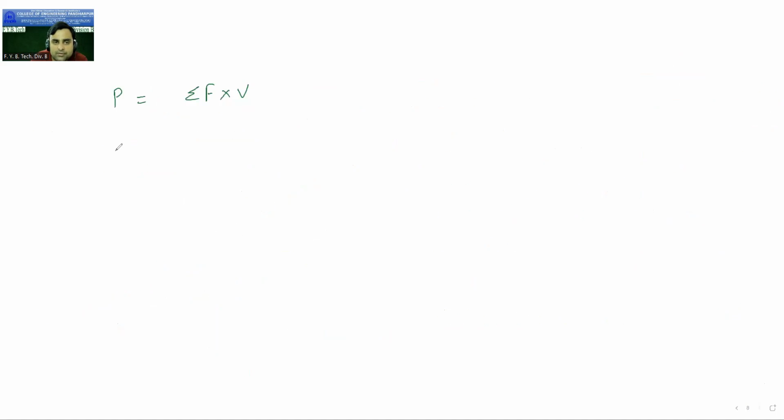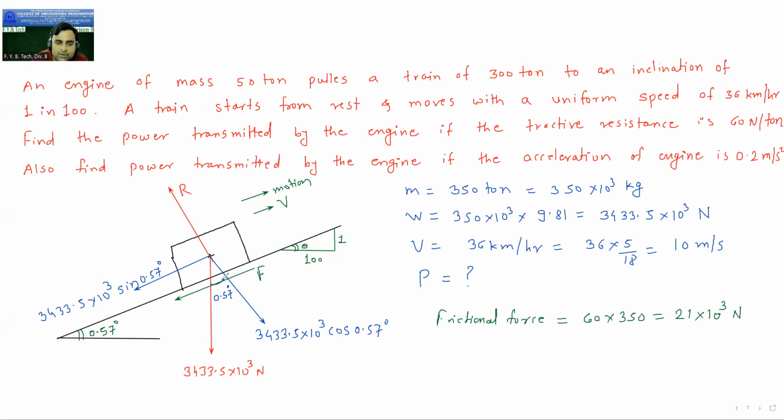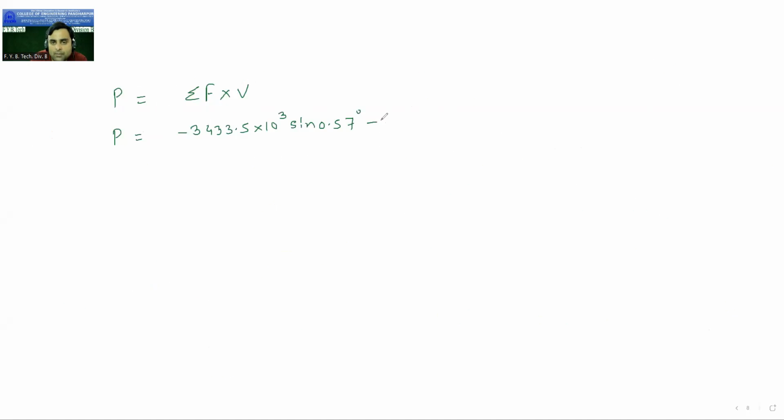So here it is P is equal to 3433.5 into 10 to the power 3 sine of 0.57 degree, but this is minus. Then again frictional force is also along this plane and it is moving in the opposite direction to that of velocity. So again minus 21 into 10 raised to 3.